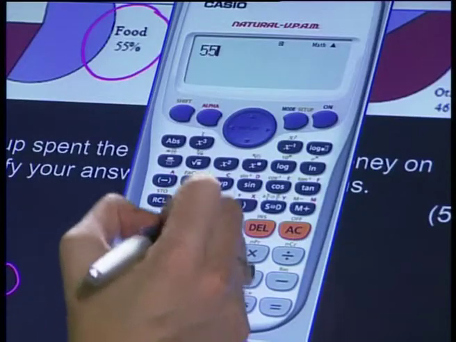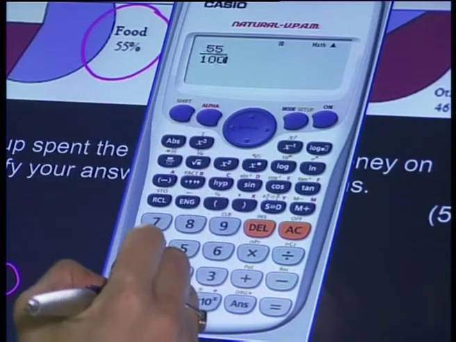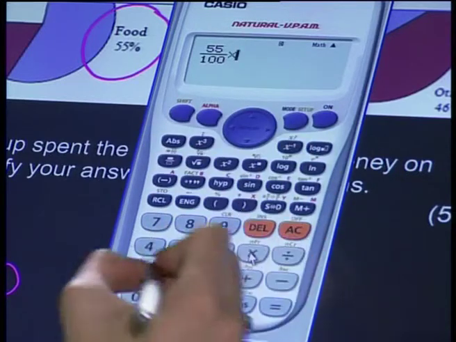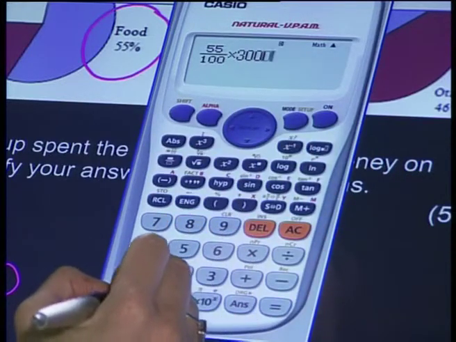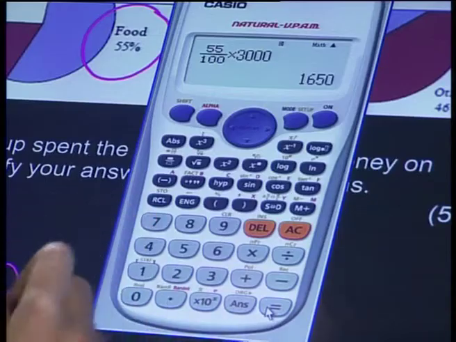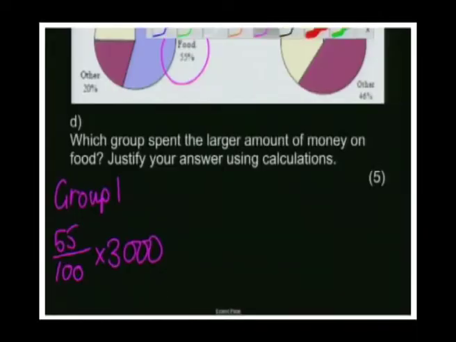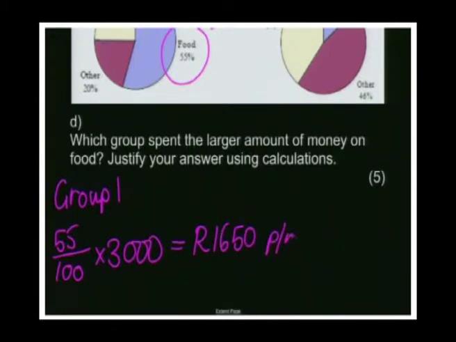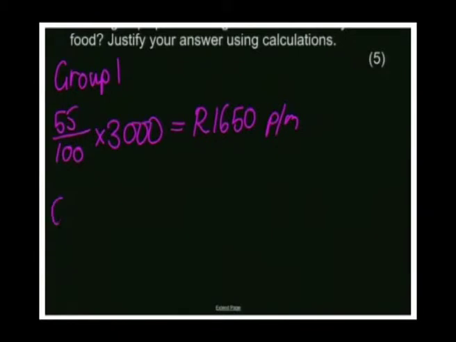So let's find our percentage. 55 over 100 of 3,000 Rand, and our answer is 1,650 Rand per month. Let's have a look at Group 2.